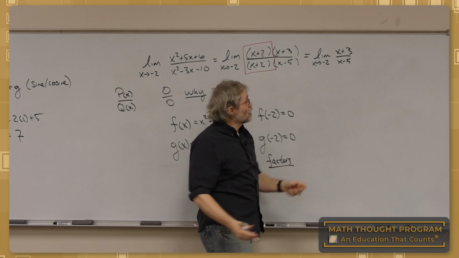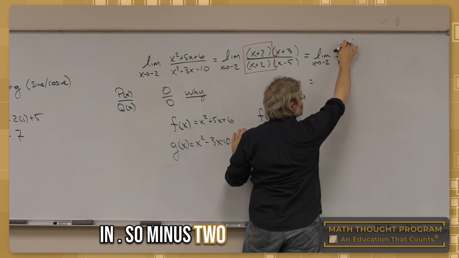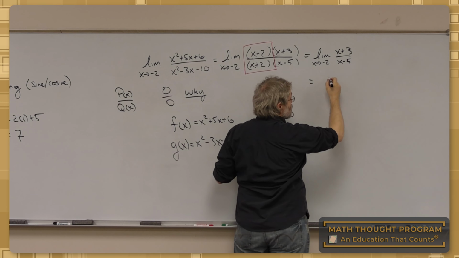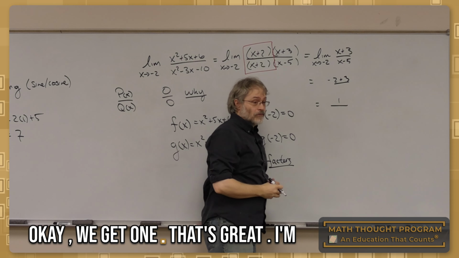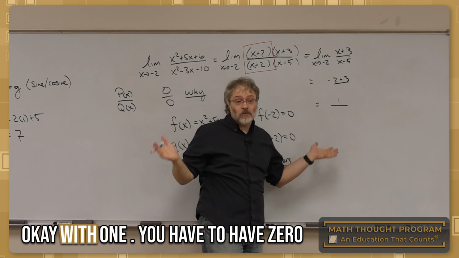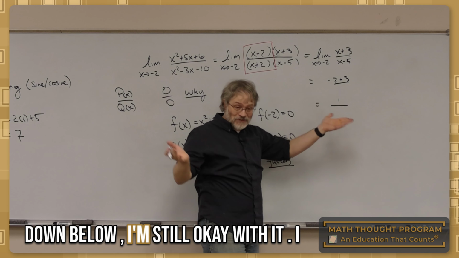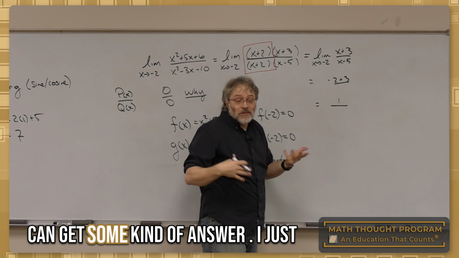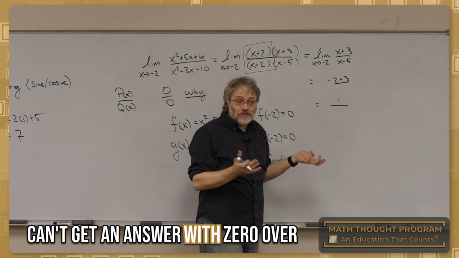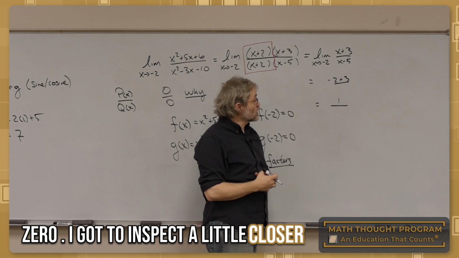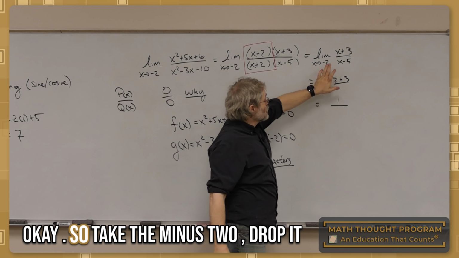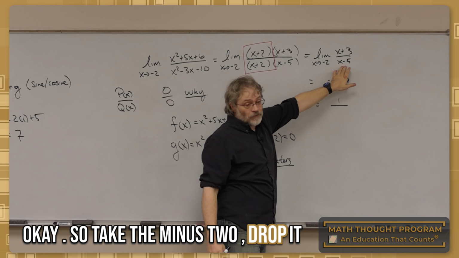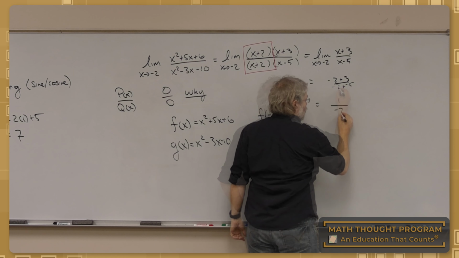Drop it in. So -2 plus 3, we get 1. And that's great. I'm okay with 1. Even if I have 0 down below, I'm still okay with it. I can get some kind of answer. I just can't get an answer with 0 over 0. I got to inspect it a little closer. So take the -2, drop it in, -7.